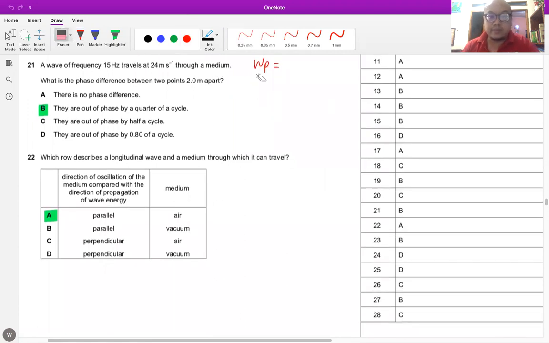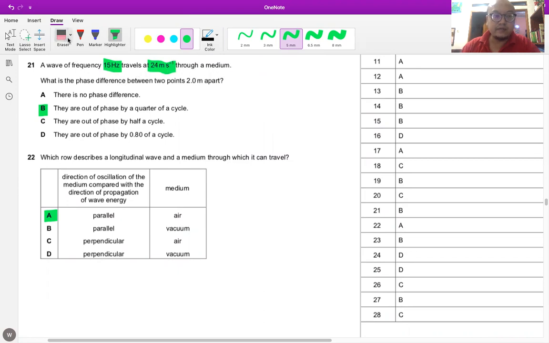Why B? Let me check. A wave of frequency 15 Hertz travels at 24 meters per second through a medium. What is the best estimate of the phase difference between two points 2.0 meter apart? Let me check the relationship between velocity and frequency.